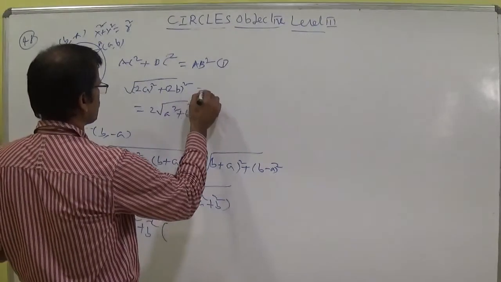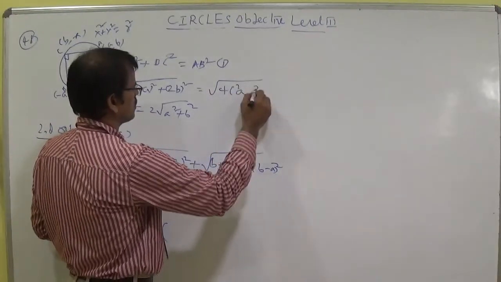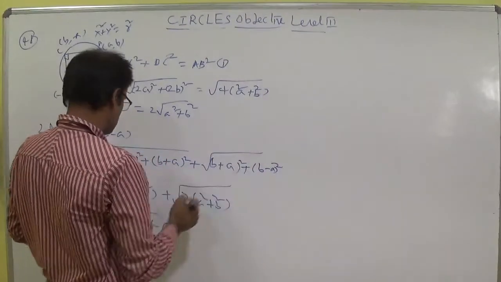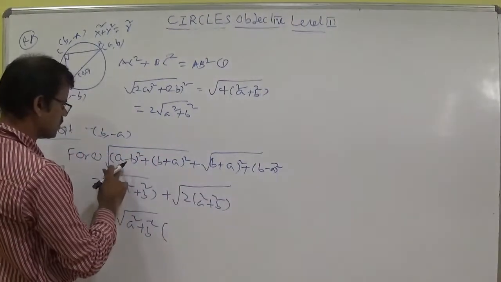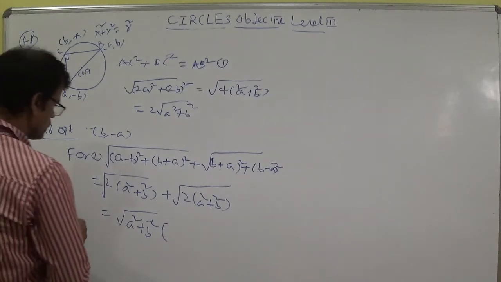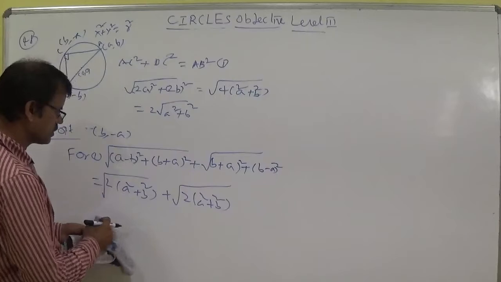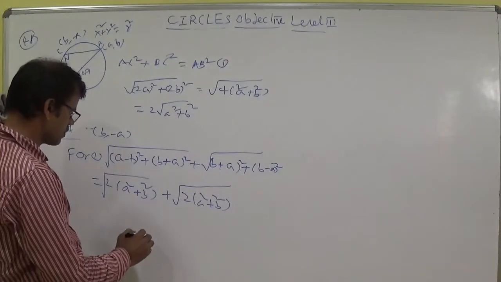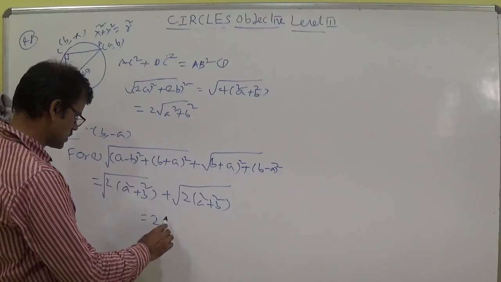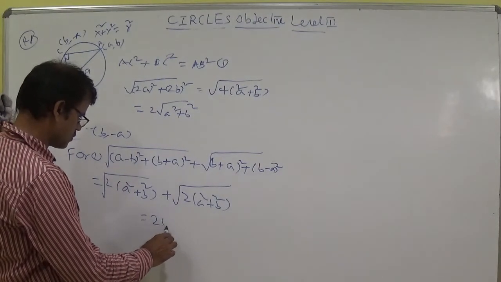Whenever you have taken common, okay, everything is okay. 4 into A square plus B square we can take common. Now depending upon this one, A plus B whole square plus A minus B whole square, the formula is 2 into A square plus B square. So A square plus B square, let us take common. This is root X plus root X, what becomes 2 root X? Okay, 2 root X concept.